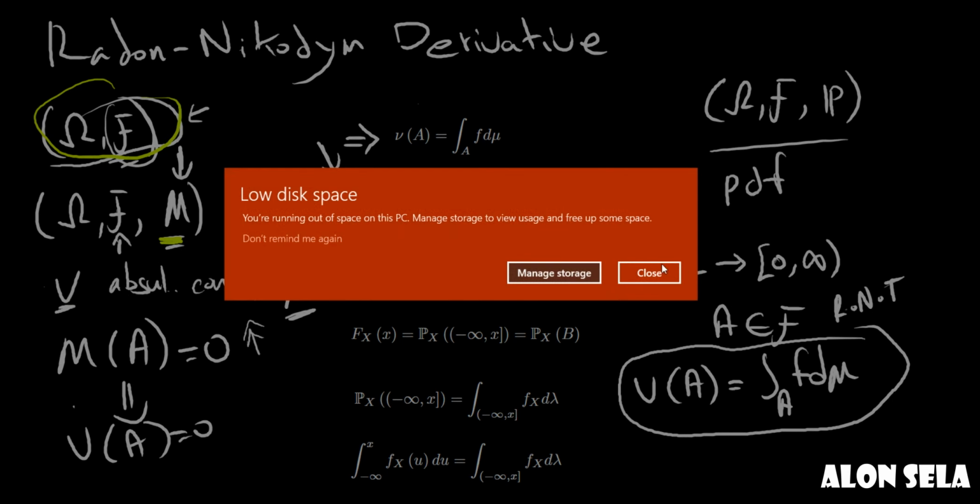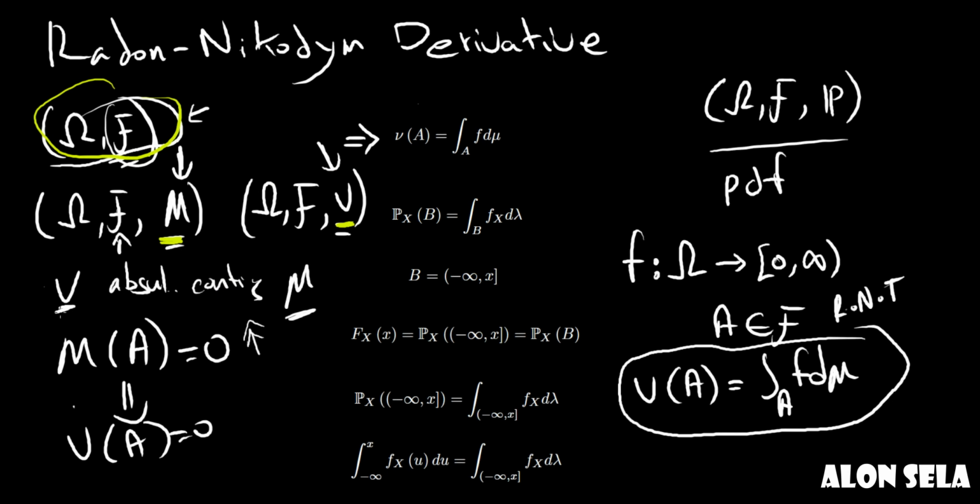We are saying that the measure nu is absolutely continuous with respect to the measure mu if for every set that the measure mu gives a measure of 0, the measure nu also gives this set a measure of 0. It should be true for every null set in the sigma algebra.